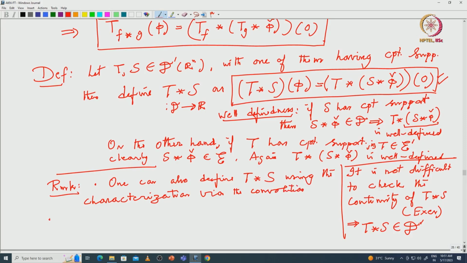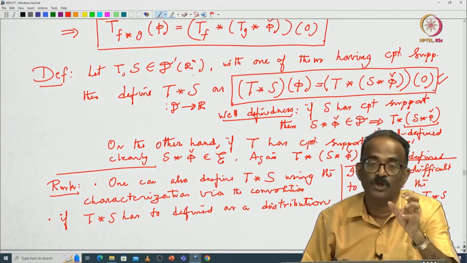So, T and S are two distributions. If T star of S has to be defined as a distribution, whatever way it is, we do not know how to do it. So, what I am saying is that if T and S are distributions, you want to define T star S, it has to be defined as a distribution.